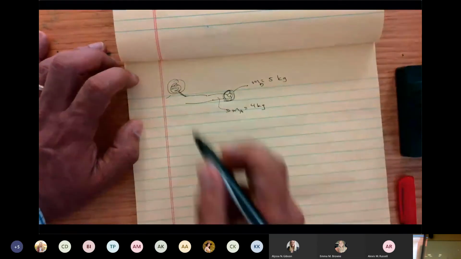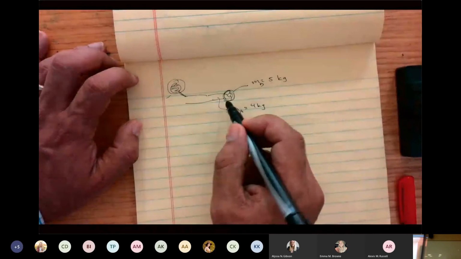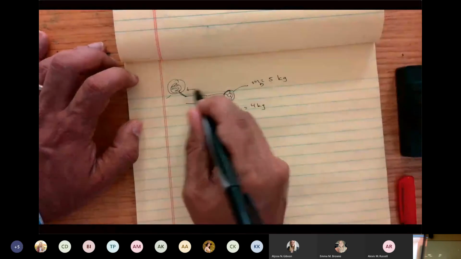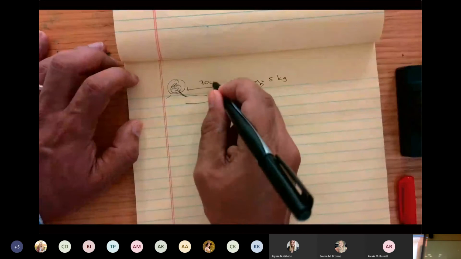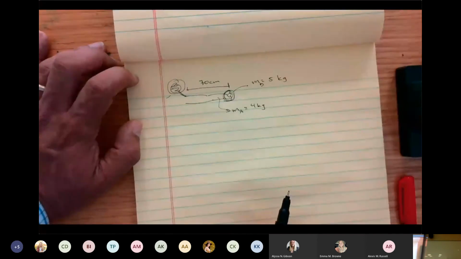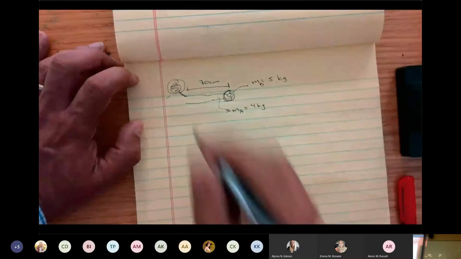And the length of your arm, I'm going to say that this is 70 centimeters. And I want to know what is the torque on your shoulder.